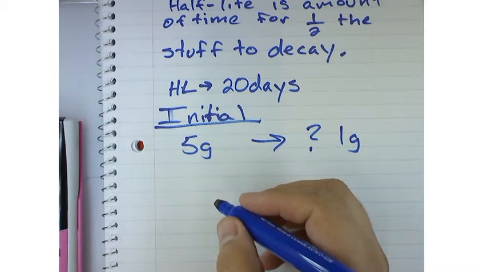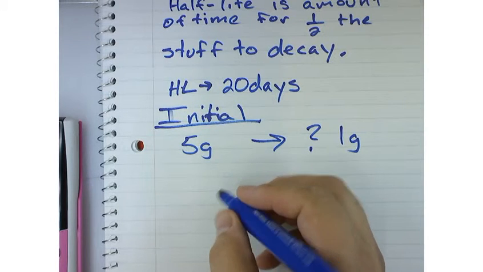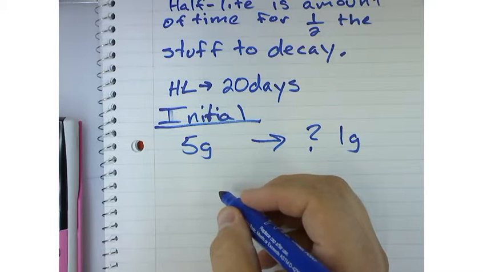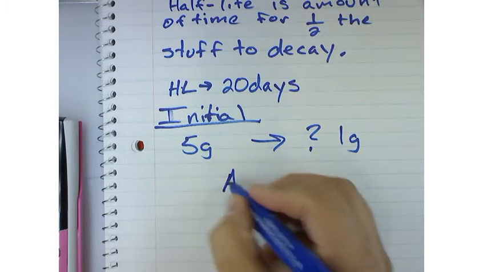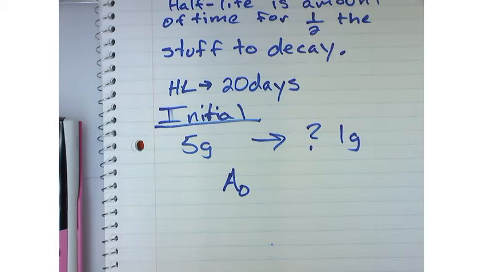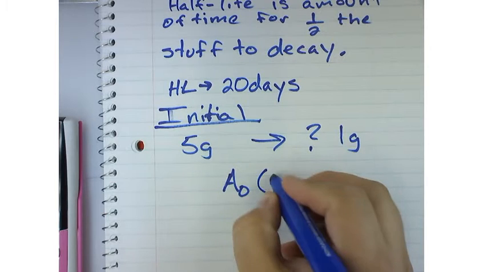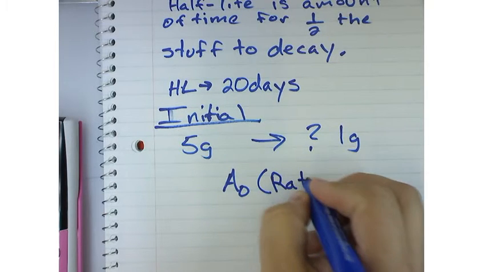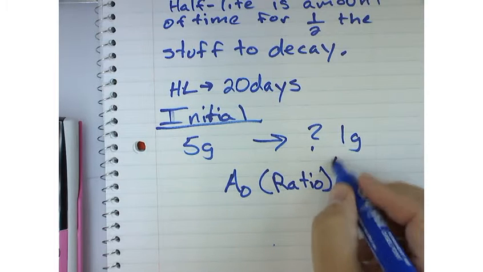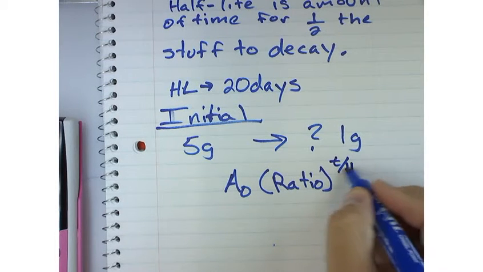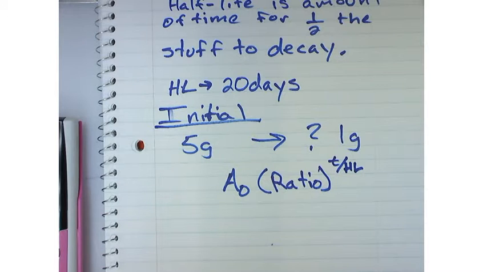Your textbook doesn't really write it out, but there's lots of ways to do it, but it's going to be the initial condition, and so we'll call this the amount A sub 0 or A naught times the ratio R raised to the time over the half-life.